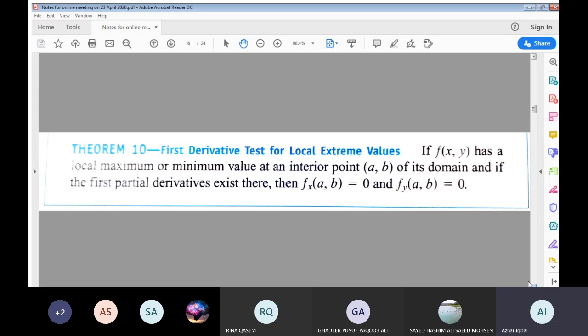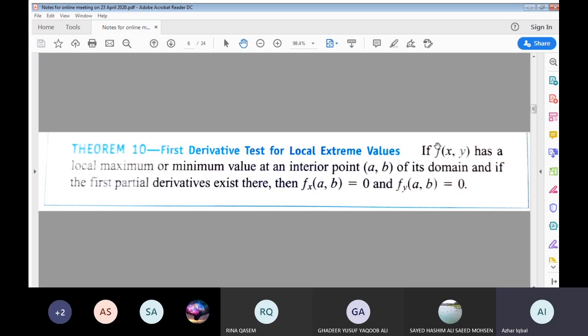It says that if a function of two variables f(x,y) has a local maximum or minimum value at an interior point (a,b) of its domain, in the xy plane, and if the first partial derivatives exist there, then both of these partial derivatives at the point (a,b) vanish. Okay, so we look at it again.